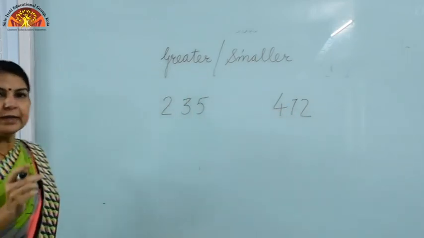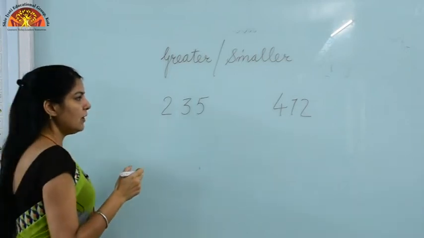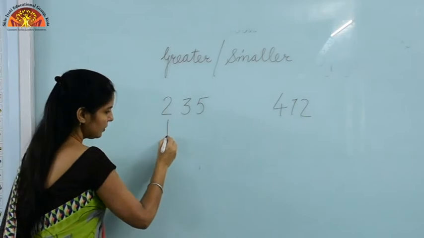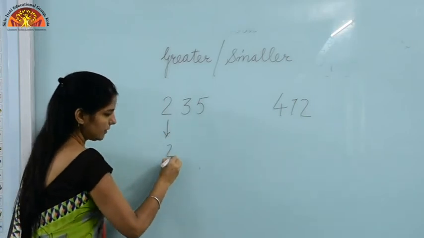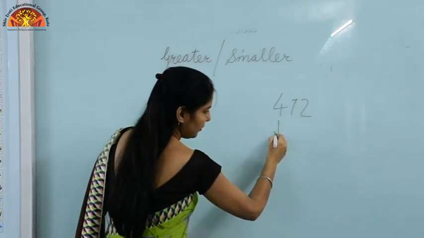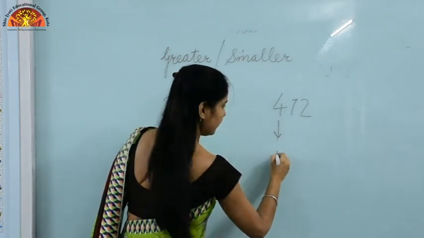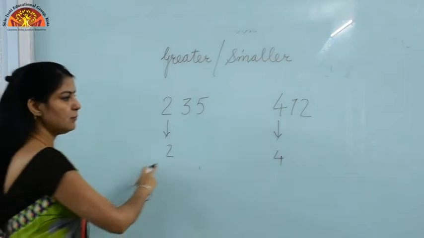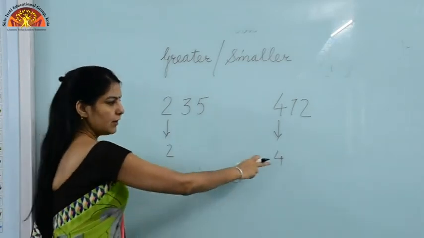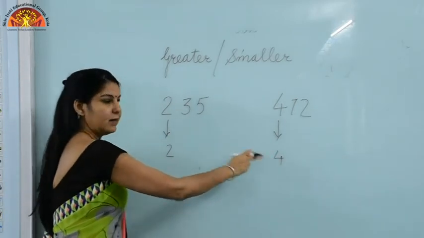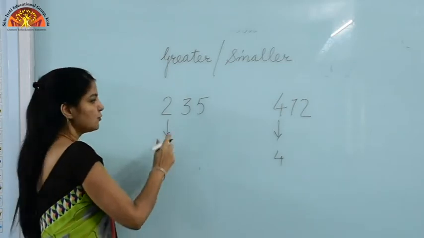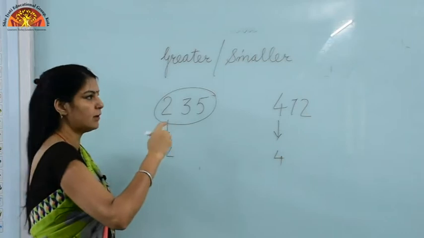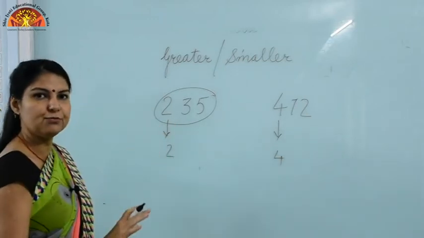For comparing these numbers, what will we do? We will compare the numbers from their place value. Here 2 is at the hundreds place, here 4 is at the hundreds place. So you know which number is bigger? 4 is bigger and 2 is smaller. So we can say the whole number 235 will be smaller than 472.